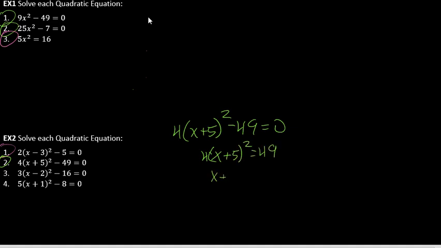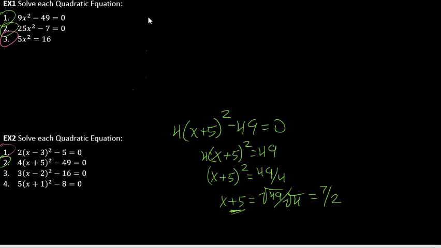Divide by 4 on both sides. Take the square root of both sides. And we can go ahead and simplify that. So we can say the square root of 49 is 7, square root of 4 is 2.